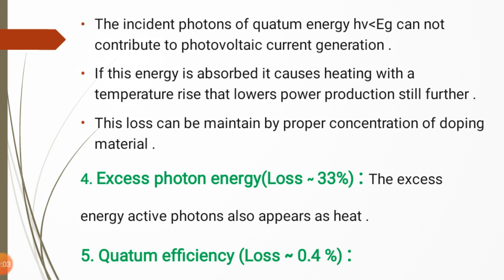We know that sunlight consists of different photons, and the photons have energy, which is h nu, and in the semiconductor material there is a band gap, that is the gap between the valence band and the conduction band, that is the energy gap, which is known as the band gap. If we have photons which have energy less than that band gap, then this photon cannot contribute to the photovoltaic current generation.